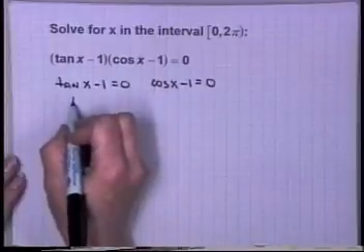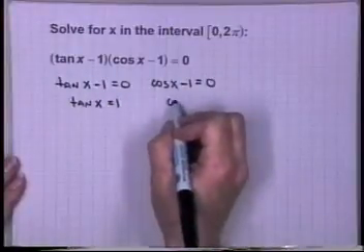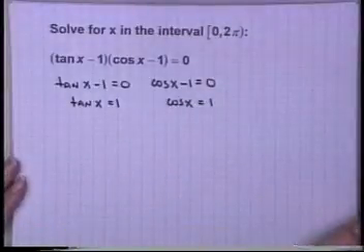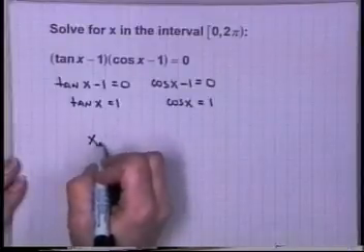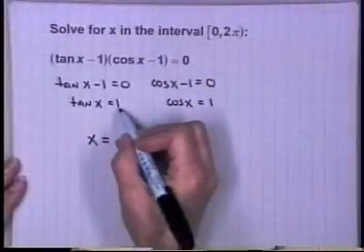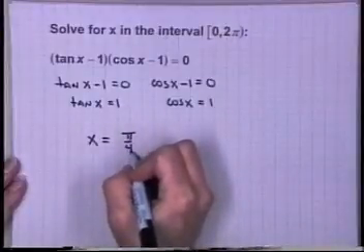Now let's solve for the trig functions. Tangent x would equal 1 or cosine x would equal 1. Well, now we can get our values here. Remember, we're trying to get radian solutions. What angle has a tangent of 1? That's 45 degrees or pi over 4.